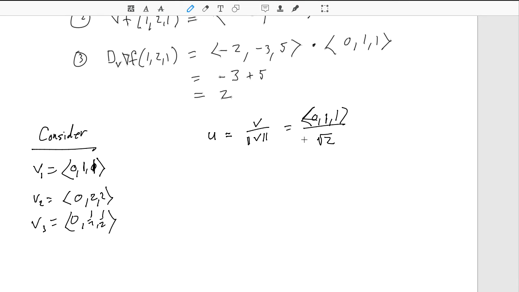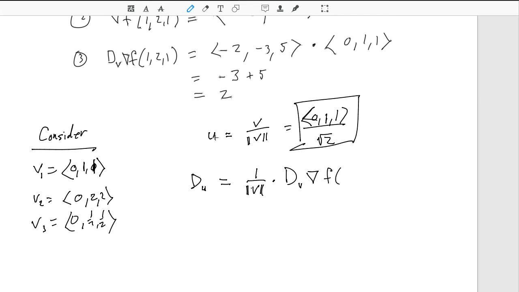So if we calculate the derivative in the direction of u, where u is this unit vector, all we really have to worry about is dividing away by this magnitude that we found of the original in the direction of v.